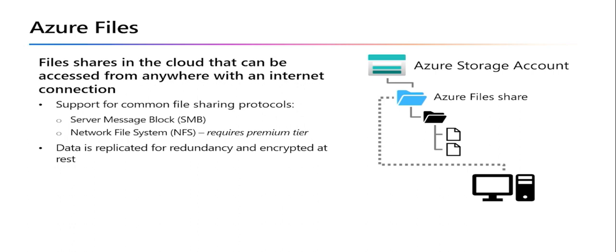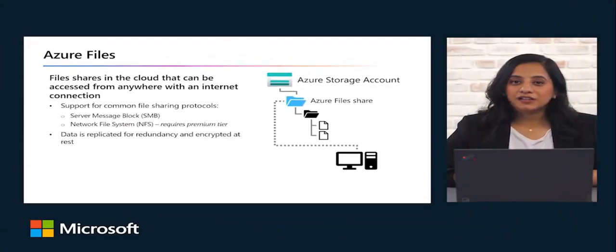SMB file sharing is the most commonly used across multiple operating systems, Windows, Linux, Mac OS. NFS shares are used by Linux and Mac OS versions. To create an NFS share, you must use a premium tier storage account and create and configure a virtual network through which you can access the share and you can control it too.